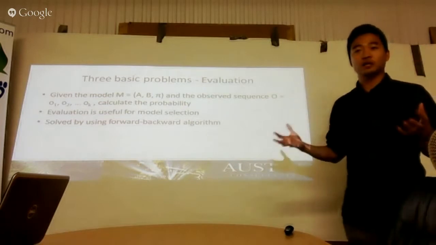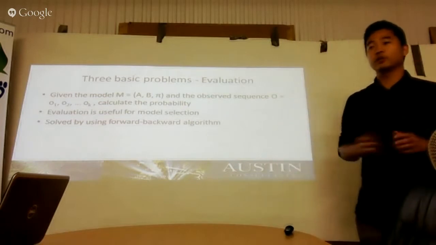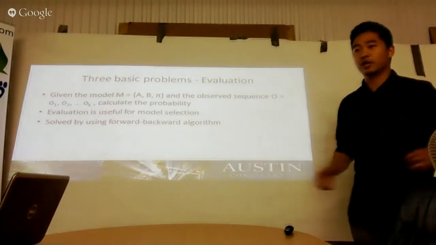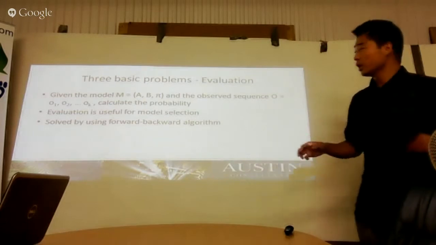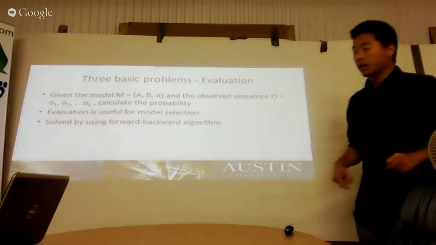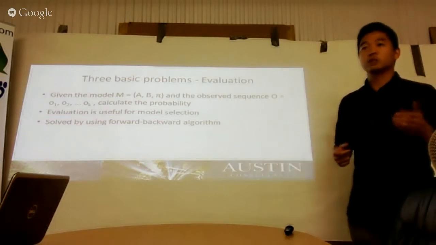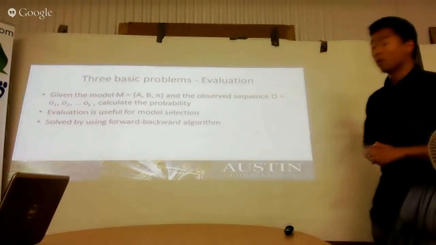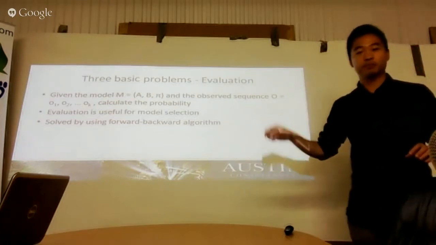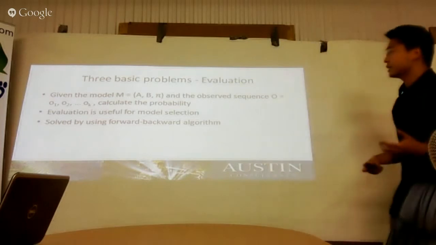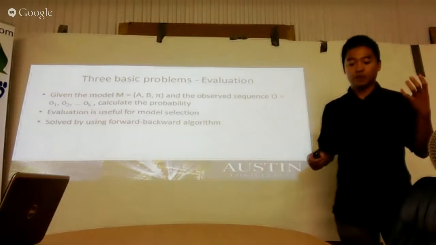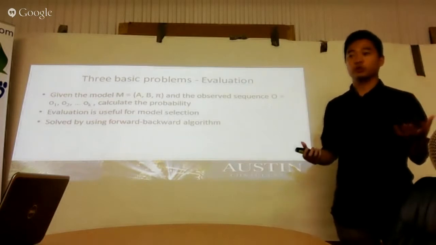Evaluation, say, you have the dice, and you throw different dice a lot of times, and you observe the numbers. So you get a sequence of numbers, and you want to figure out the probability of that sequence, or the probability of the next number. In a real case, this is used to evaluate which model you used.